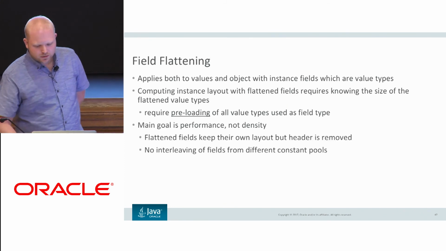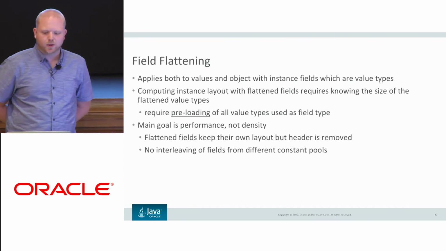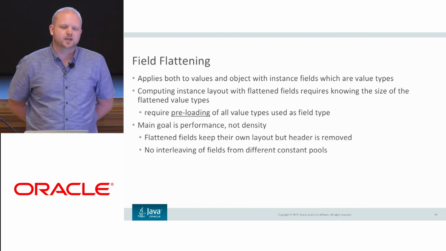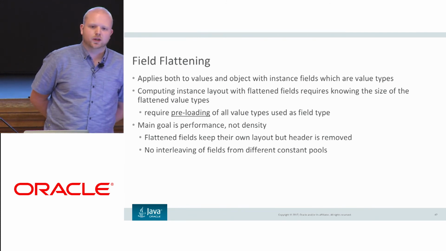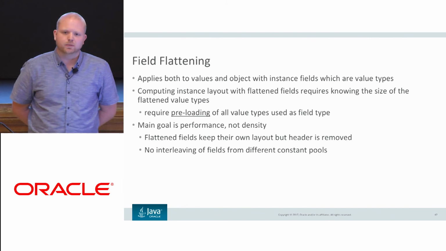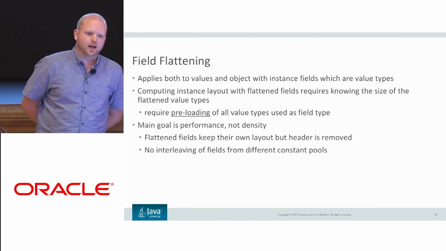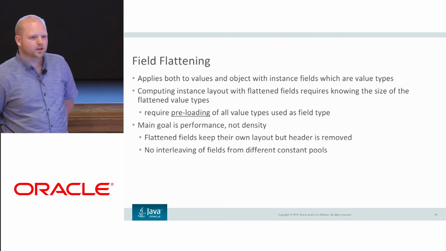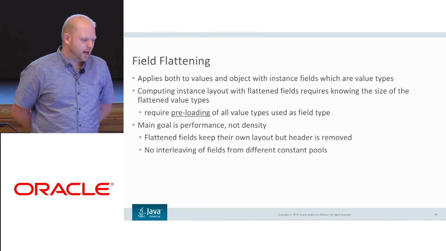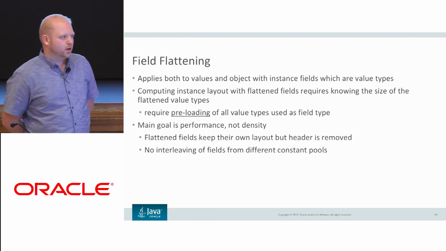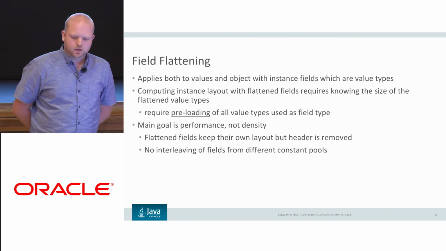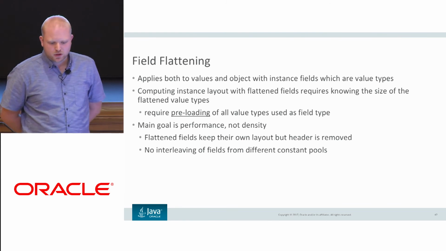In terms of field layout, we could optimize for density. Like the problem we saw earlier with the arrays, where you suddenly get a lot of padding because you needed to align the longs at the beginning of the value type, but there's a single byte at the end, so lots of padding. You could optimize for that, shift things around and fill in all the padding holes, but that would be a really bad hit on performance.